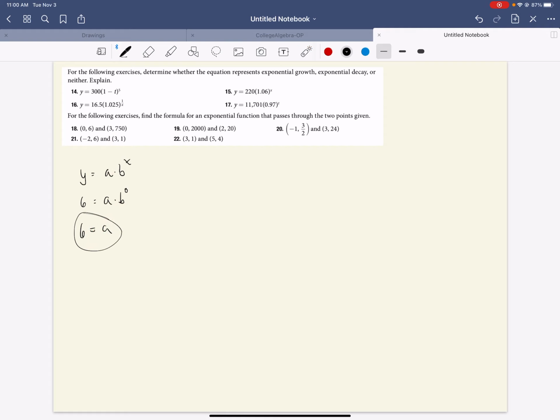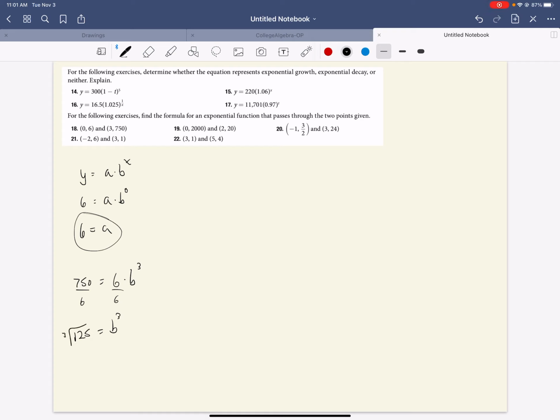Now I'm going to use the other point and say, okay, well then 750 for y should equal a. Oh, but wait, I know a. It's 6. And then times b cubed. Now to solve this, we will divide both sides by 6. 750 divided by 6 is 125, equals b cubed.